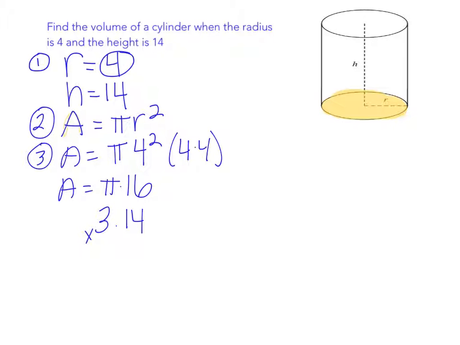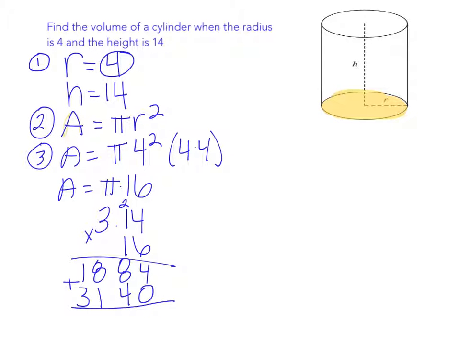3.14 times 16. 6 times 4 is 24. 6 times 1 is 6 plus 2 is 8. 6 times 3 is 18. Remember my placeholder. 1 times 4 is 4. 1 times 1 is 1. 1 times 3 is 3. And we're going to add all these together. 4, 8 plus 4 is 12, carry the 1. 8 plus 1 plus 1 is 10. And over here we have a 5.